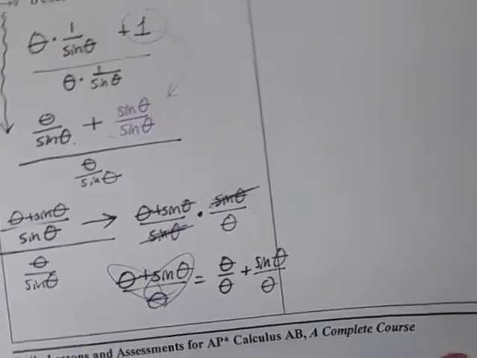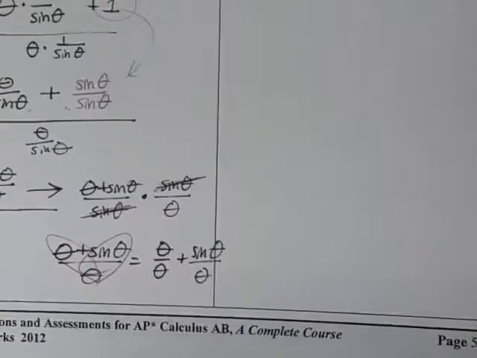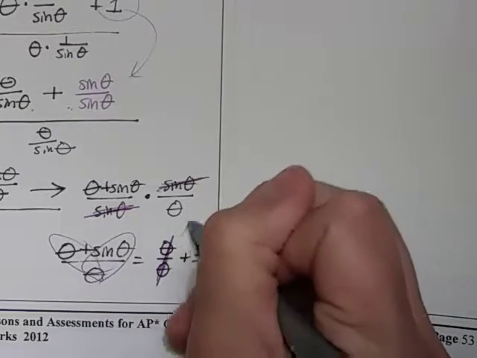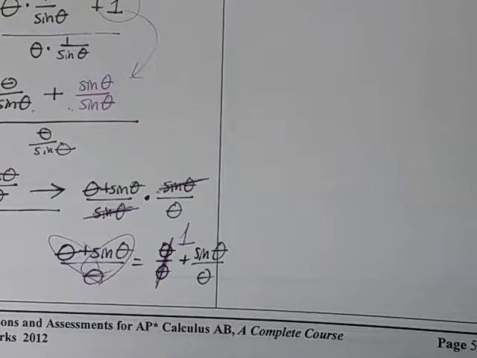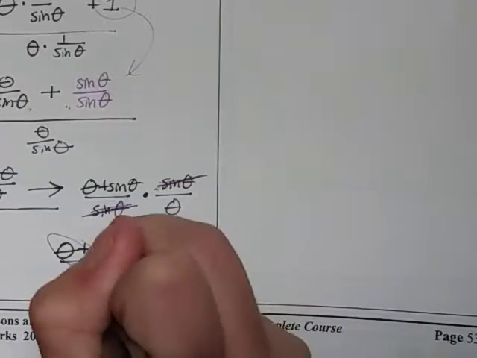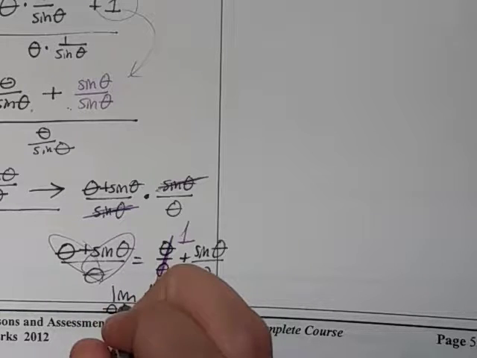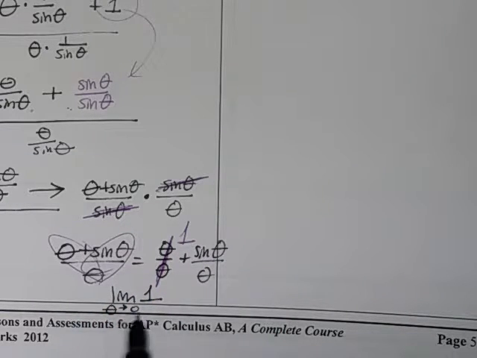And now I am going to go back into nice limit writing here. We know this guy is 1. Like this whole thing is just 1. So I really have from here the limit of 1 as theta is approaching 0. It doesn't matter that it's approaching 0.